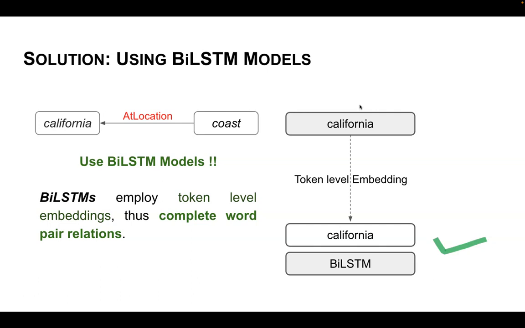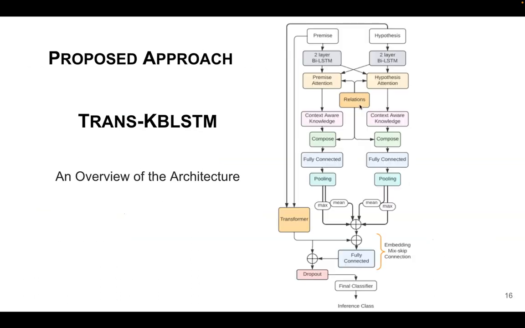You don't need a transformer-based model in that setting. And these models, even transformer-based models, also interfere with the pre-trained knowledge and the knowledge which you are giving them. So it's better to use a BiLSTM model which is not pre-trained on something to embed this knowledge. So this is finally the proposed architecture. It's pretty bulky. We call it TansKBLSTM, but I will go into its sub-parts one by one.